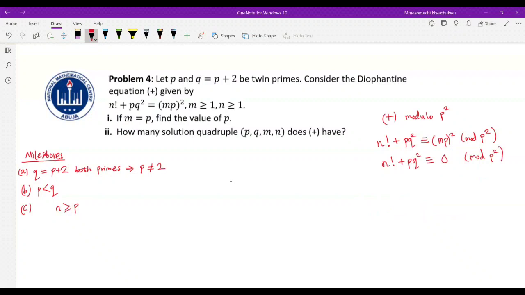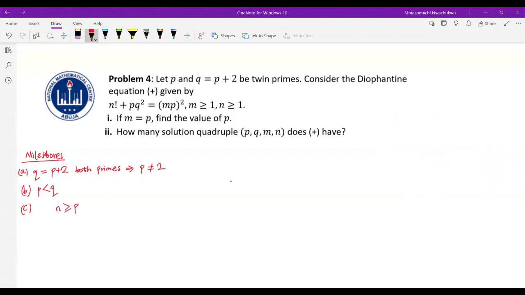Okay, so we see that using modulo p², just directly like this, doesn't really help us so much because we can't really conclude anything from here, or else there's something that you can see that I can't see. So let's go back to the Diophantine equation and try to factorize it and see what we can get.